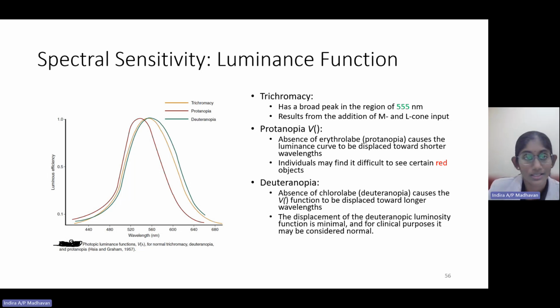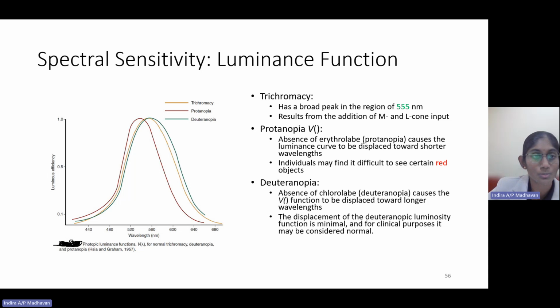The peak should reach 555 nanometers. But for patients with protanopia, since they don't have the red cones, their absence causes the luminance curve to be displaced towards the shorter wavelength. So it is going to be slightly shorter than 555 nanometers, and this patient would have difficulties with certain red objects.